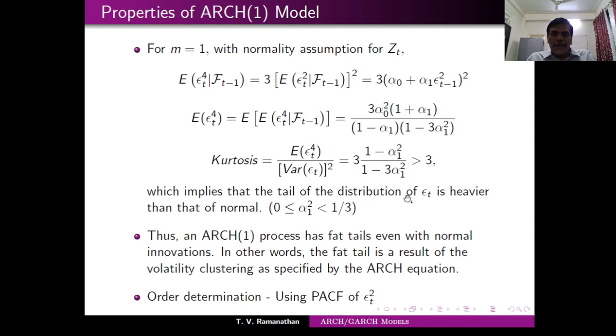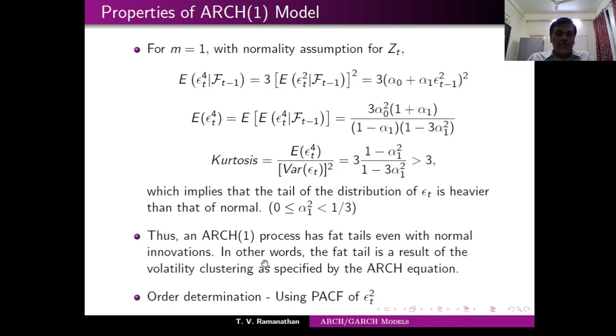So this implies that the tail of the distribution of epsilon t is heavier than that of normal. Even with normal innovations, the epsilon t process is like a heavy tail distribution.